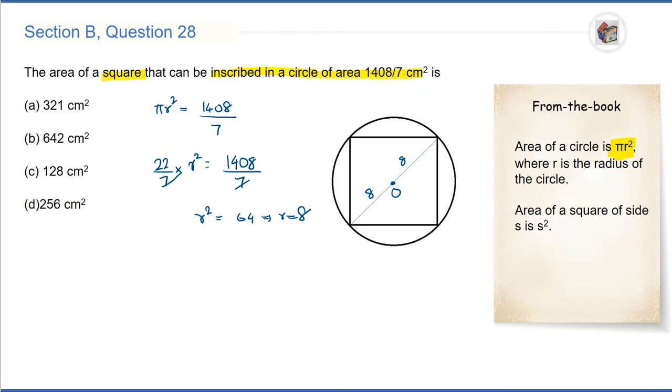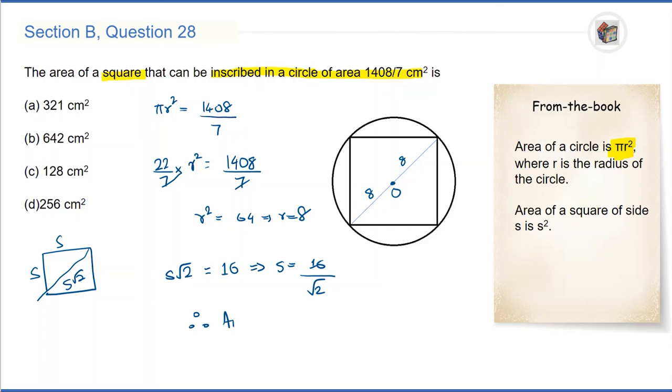Now I can get the side of the square from that. How? Just see, this is a square of side s. The diagonal, if you use Pythagoras theorem, it will come out to be s root 2. So for us then, s root 2 is equal to 16. That can tell you that the side of the square is 16 upon root 2.